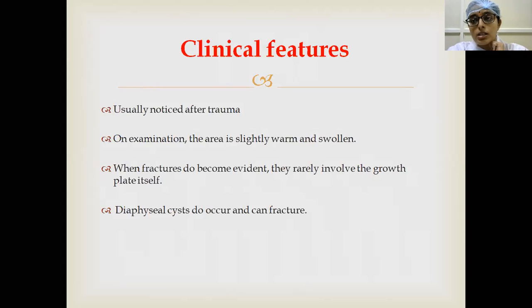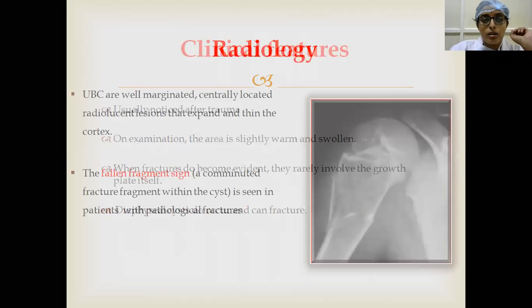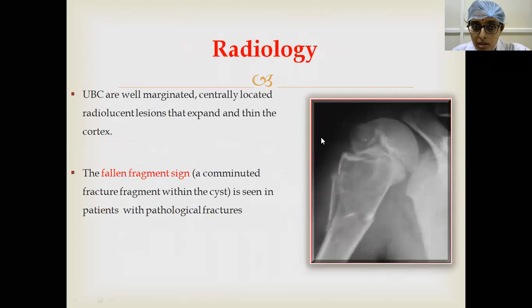Why can diaphyseal cysts occur? As we have seen, the active cysts become latent cysts. They grow from the metaphyseal area to the diaphyseal area. So UBC is a benign cystic lesion of bone which is a well marginated, centrally located tumor. You may get confused with other tumors, that's why I'm emphasizing more on radiological features.